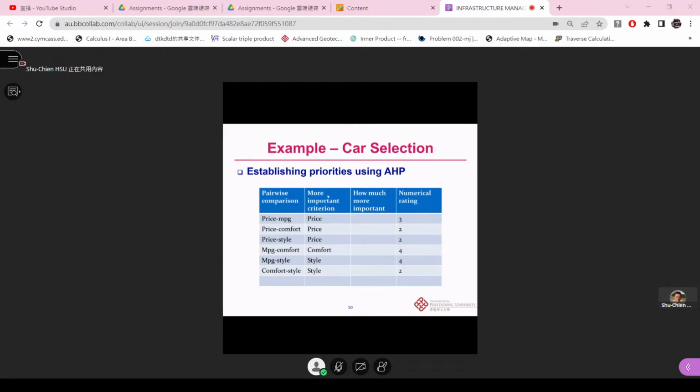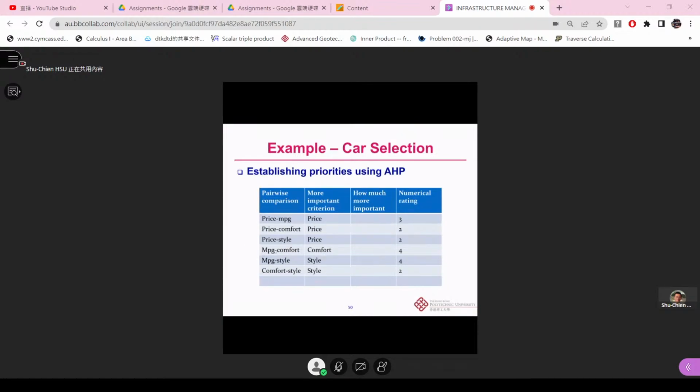I'll just give you an example. Someone like me probably thinks the price is everything. Price is very important, so I say price is 3 compared to 1 for fuel efficiency. Price is also more important than comfort, 2 versus 1, and more important than style, 2 versus 1.